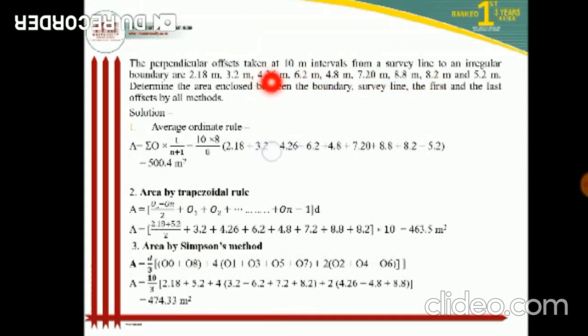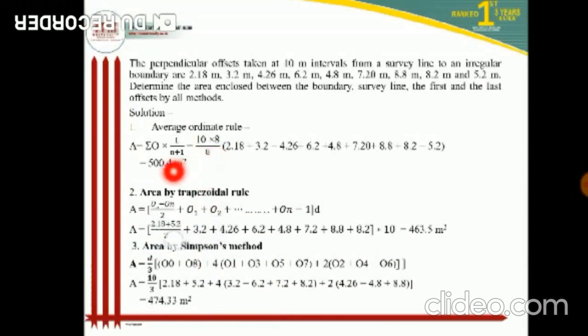So even is second, fourth and 6th. So by calculating these, with D equal to 10 divided by 3, by calculating this equation you will get the area 474.33 meter square.